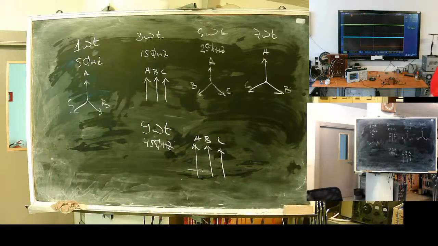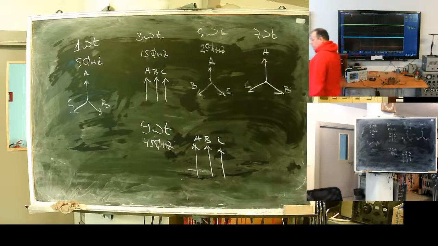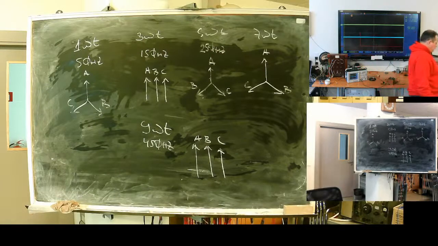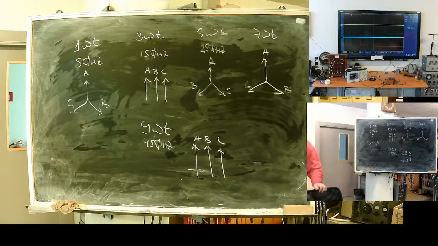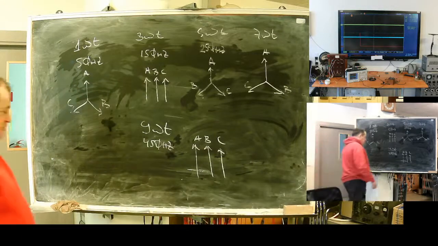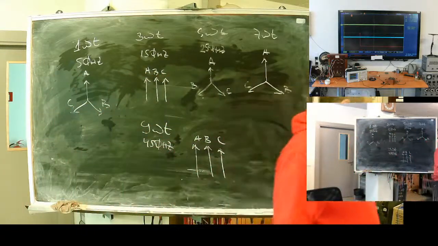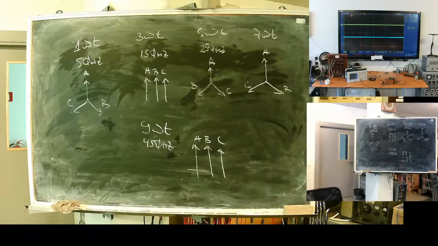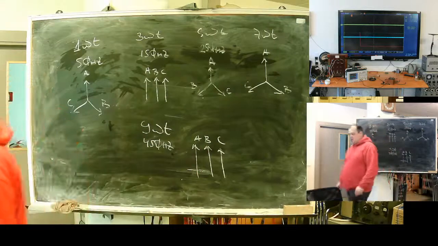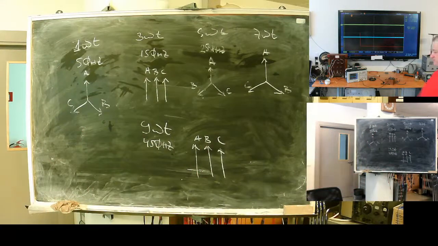If you remember the theory of three-phase or polyphase networks, there was a method of Fortescue transformation, or symmetrical components, where any non-symmetrical polyphase network can be represented as a sum of direct, reverse, and zero sequences.